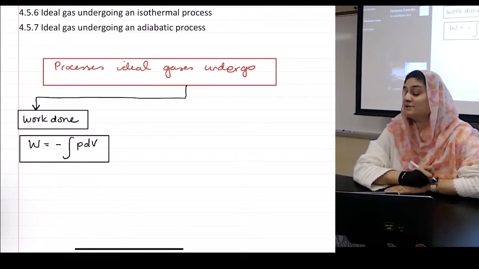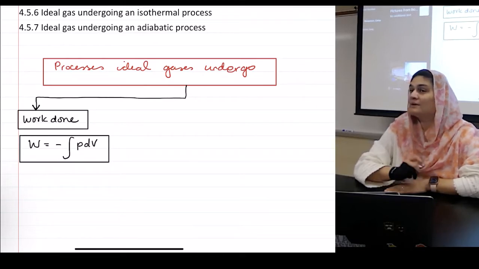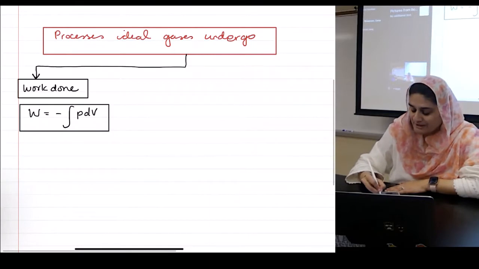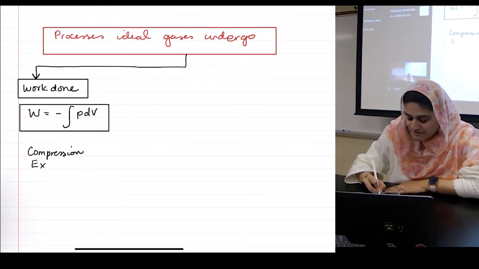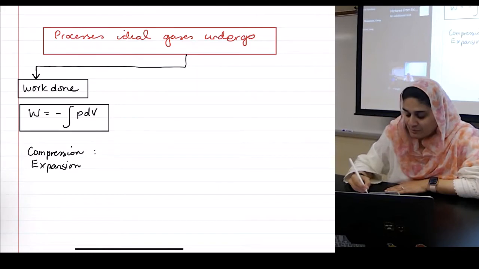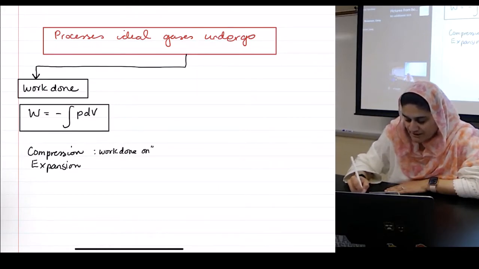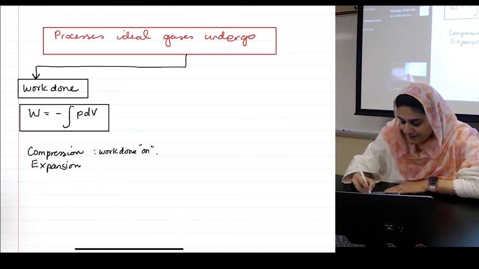What different kinds of work could we have? There's only 2 basic kinds. What are they, guys? Compression and expansion. When we have compressional work, we call it work done on the system. And when it's expansion, we call it work done by the system.